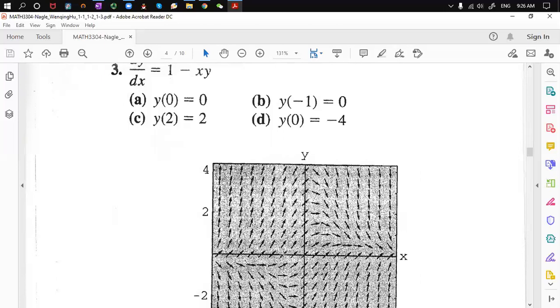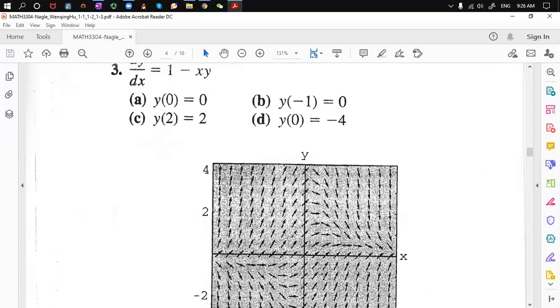So you see the mouse is pointing to this point. x is minus 1, y is 0. So you're going to have a solution that probably goes up first and then goes down. And similar rationale for y of 2 equal to 2, it means you're going to pass the point 2 and 2. So 2 and 2 might be here, so you must go down, and if you go reversely, you must go like this.